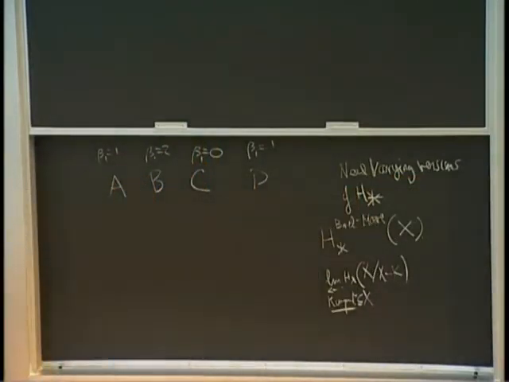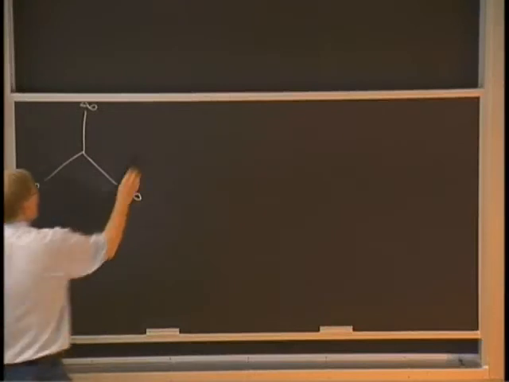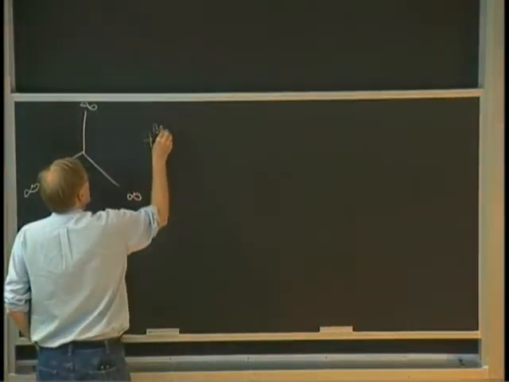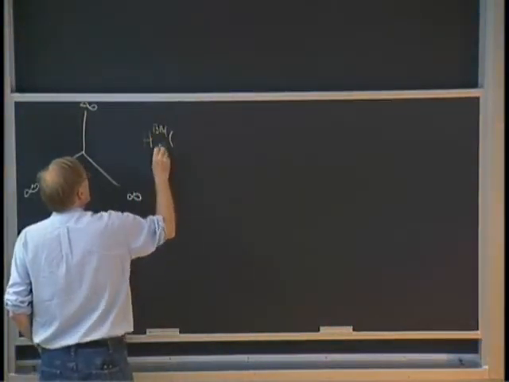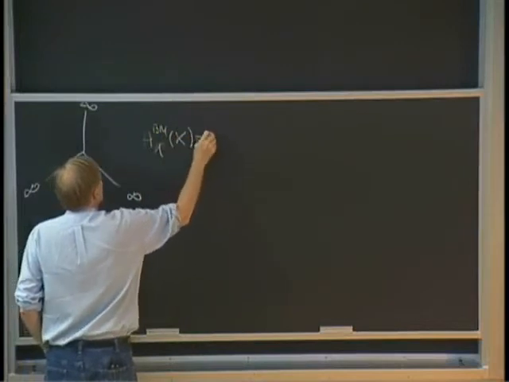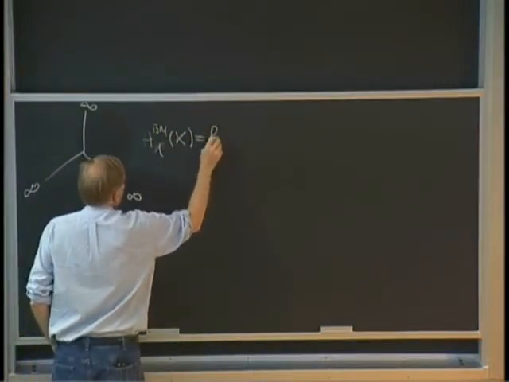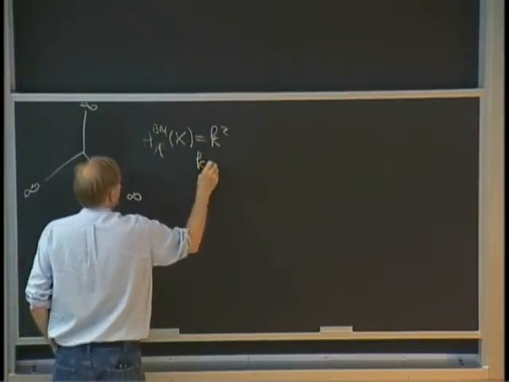Let me come over here. Borel-Moore homology, for example, sees if I have this kind of situation where I have infinities out at the ends, Borel-Moore homology will capture this. It'll say Borel-Moore 1 is equal to k squared if k is your ground field.